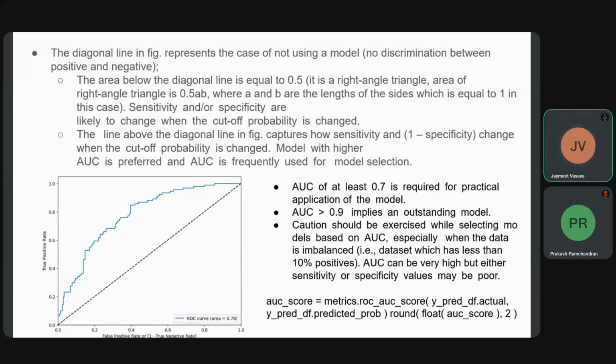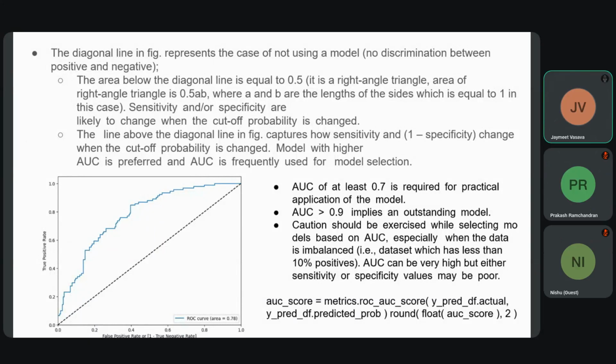So sensitivity and specificity are likely to change when the cutoff probability is changed. Whenever we change the cutoff probability for improvement in the model's prediction values, the sensitivity and the specificity will change. So the line above the diagonal line in the figure captures how sensitivity and 1 minus specificity change when the cutoff probability is changed.